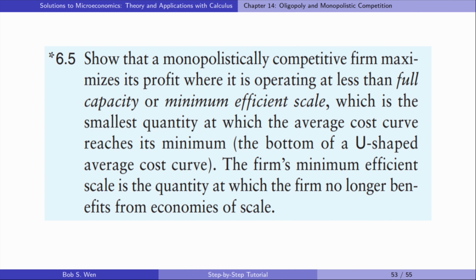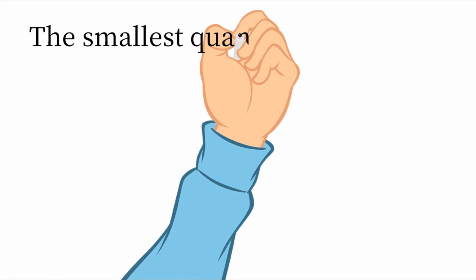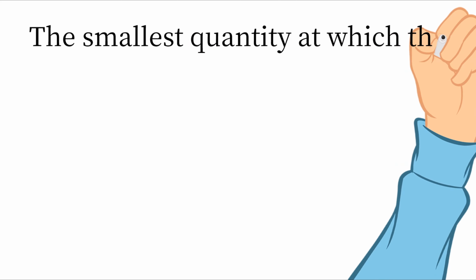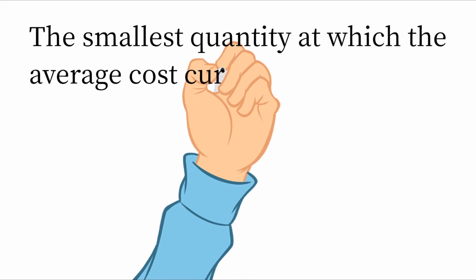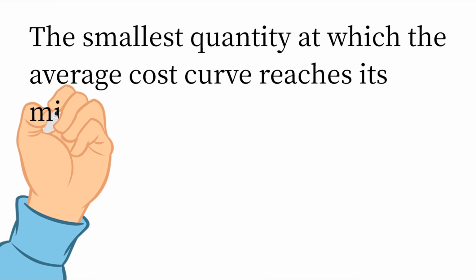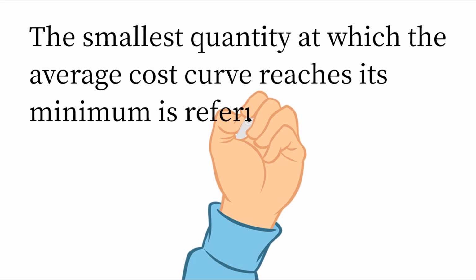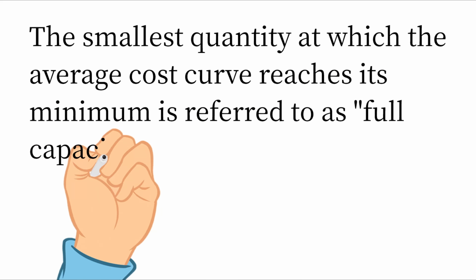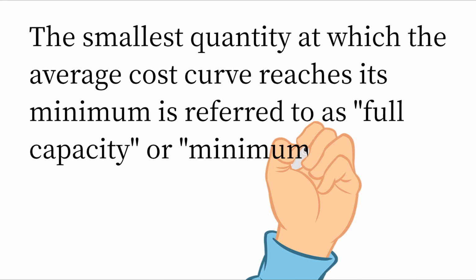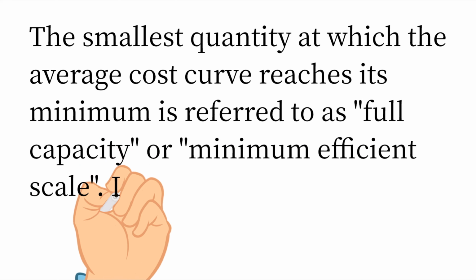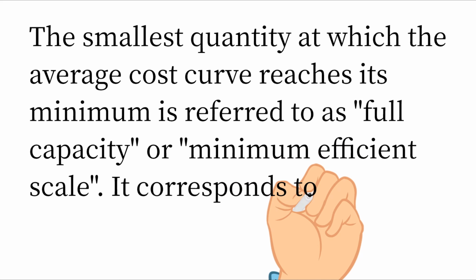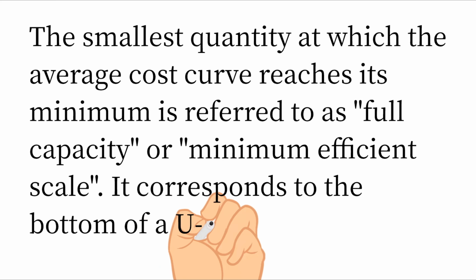The firm's minimum efficient scale is the quantity at which the firm no longer benefits from economies of scale. The smallest quantity at which the average cost curve reaches its minimum is referred to as full capacity or minimum efficient scale. It corresponds to the bottom of a U-shaped average cost curve.